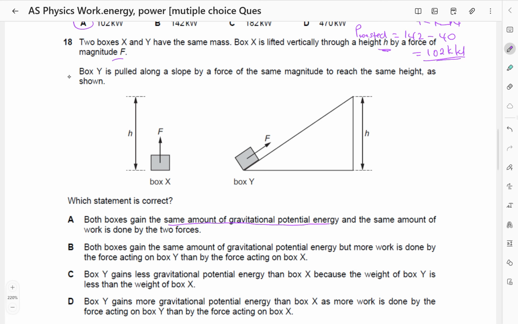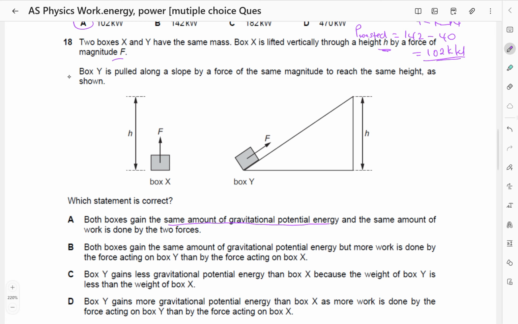Box Y is pulled along a slope by a force of the same magnitude to reach the same height as shown. So the force is the same in magnitude. The boxes gain the same amount of gravitational potential energy, and the same amount of work is done by the two forces.